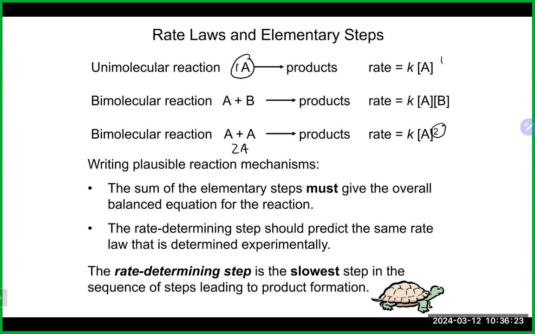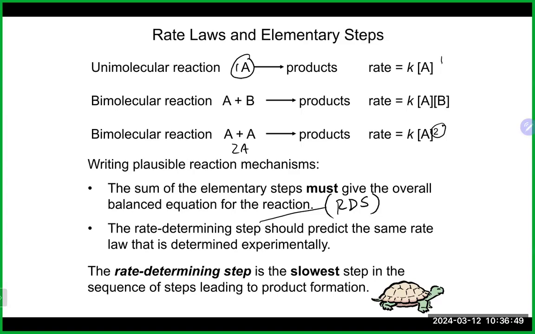The second thing that has to happen is what is referred to as the rate determining step. The rate determining step is also sometimes referred to as the RDS. And that is the slowest step in the mechanism. When you solve for the rate law based on the rate determining step in the mechanism, it does need to equal the rate law that is found experimentally.